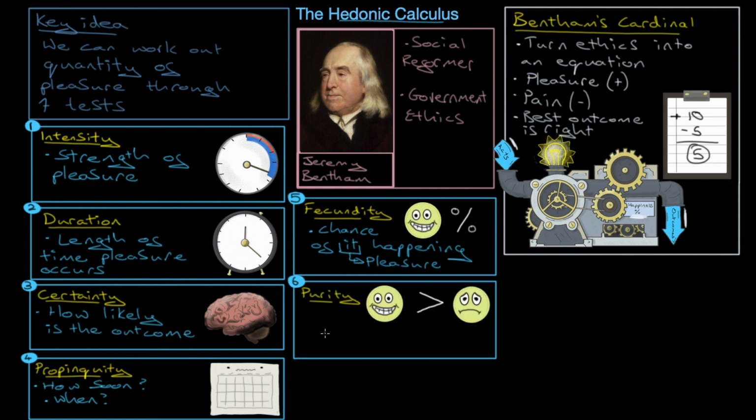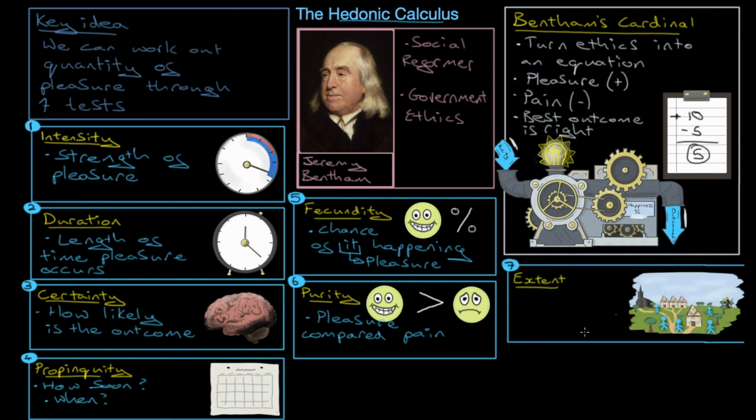Okay, number 6, purity. Purity is really what this is all about. Is it more pleasure without pain? So how much pleasure is there compared to the pain? Is it a pretty pure pleasure, or have you got to undergo quite a lot of pain in order to achieve it, or someone's got to undergo a lot of pain in order to achieve it? And finally, the extent.